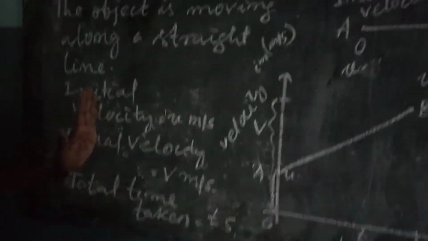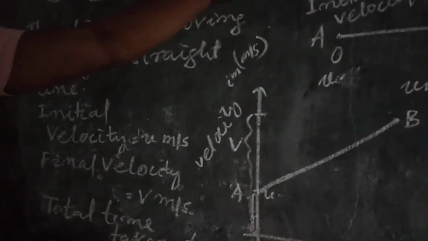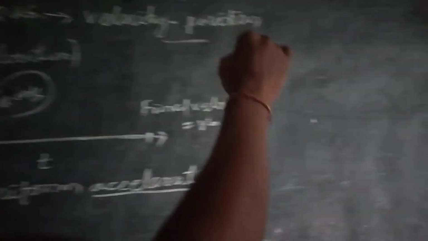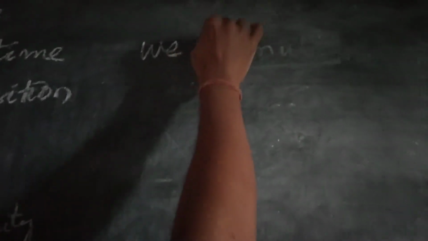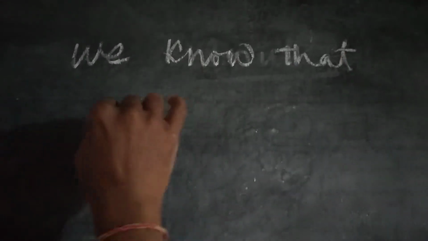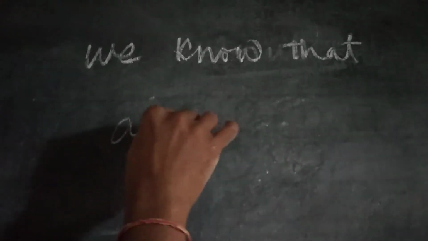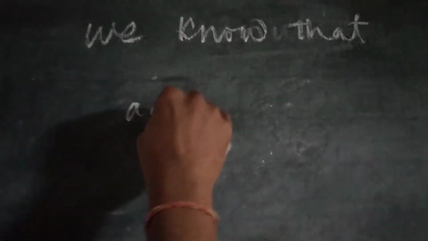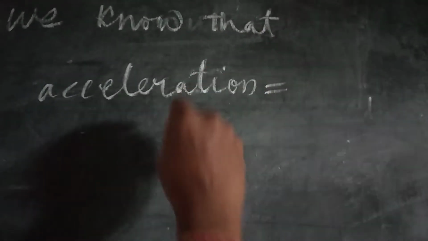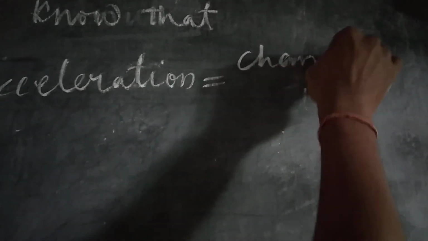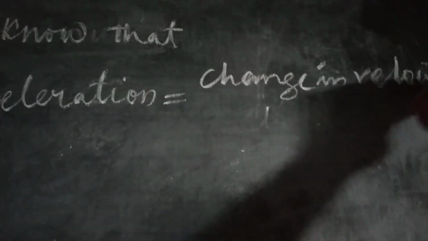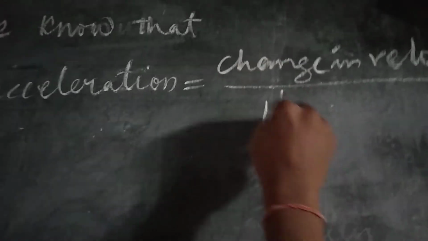That is clear? Then, because it is a uniform acceleration, we know that acceleration a is equal to the change in velocity divided by the total time taken.